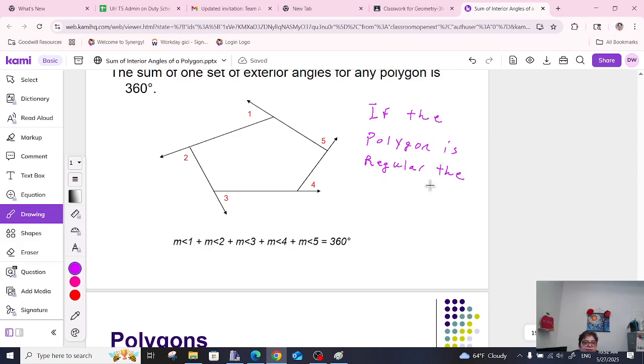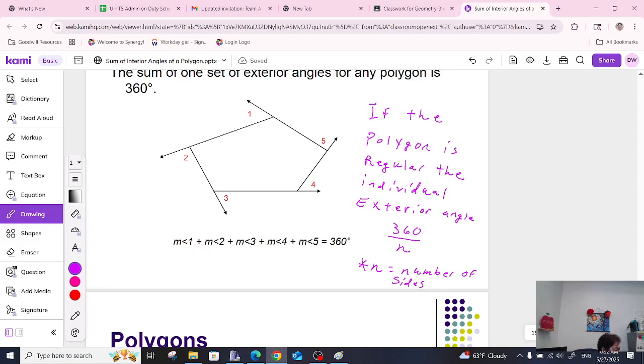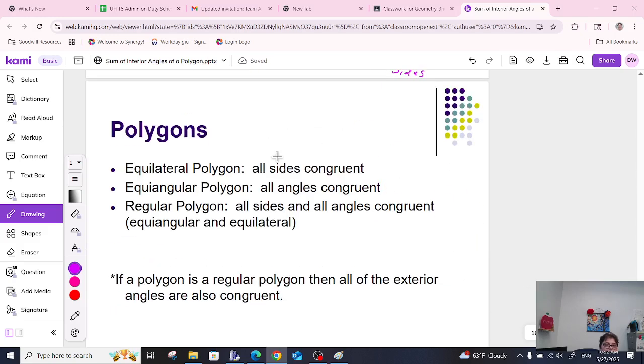If the polygon is regular, the individual exterior angle is 360 divided by n, where n is the number of sides.